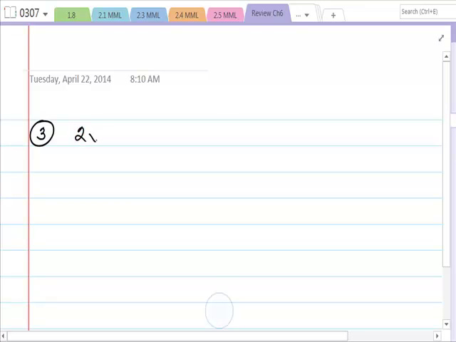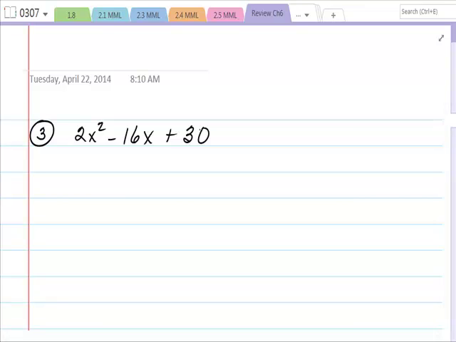I have 2x squared minus 16x plus 30. What's question number 1? Greatest common factor. Is there one? Well, does 16 go into all of them? That's what your question has to be.